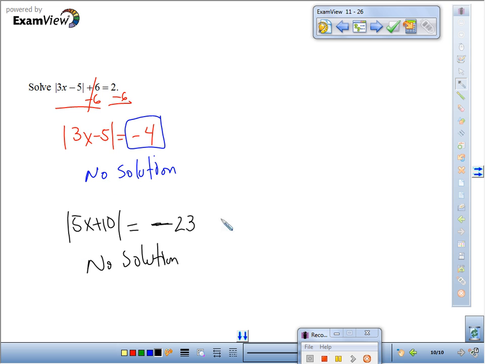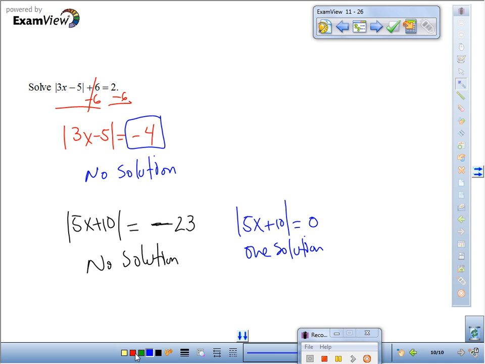If you simplify and you're left with the absolute value, whatever that is, let's say 5x plus 10, equal to 0, there's only one solution, because you just need to rewrite this equal to 0 and you solve for x.